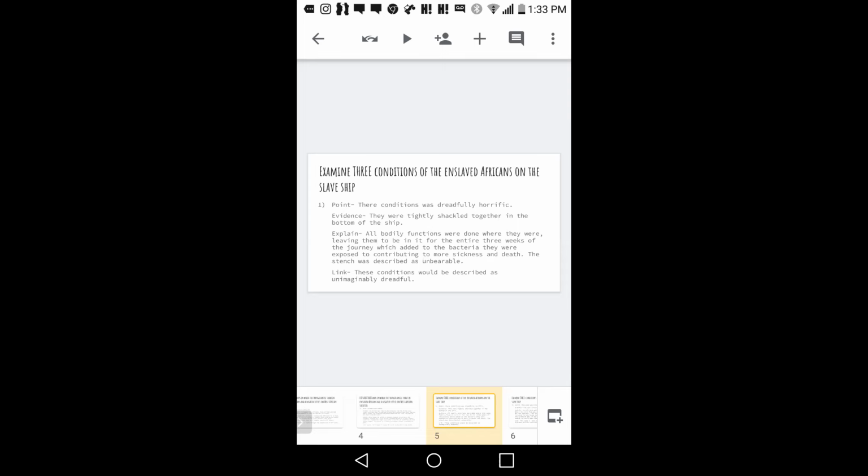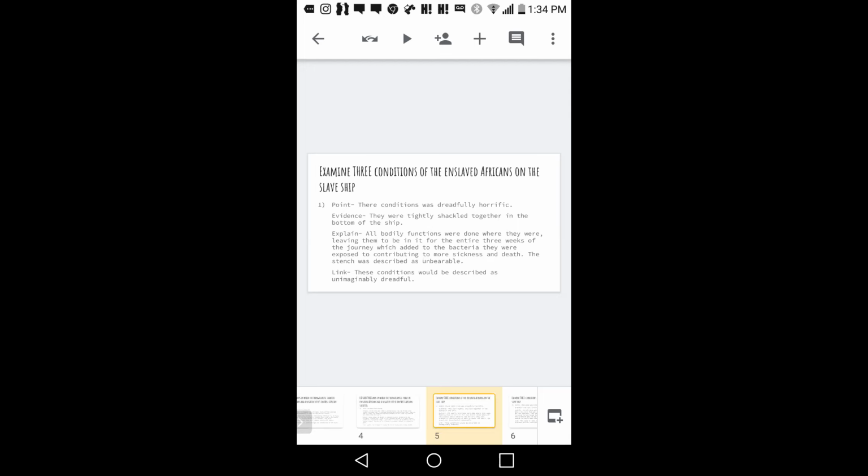Explanation, all bodily functions were exposed, contributing to more sickness and death. Stench was described as unbearable. The link, these conditions would be described as unimaginably dreadful.